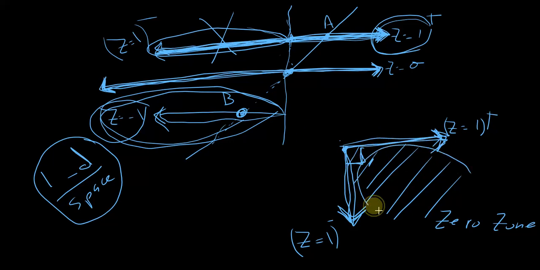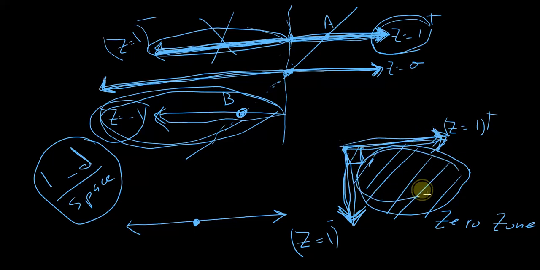Because this zone doesn't exist if the positive and negative portions construct a straight line. If they construct a straight line, then there's no zero zone here. But if they are perpendicular, I have a totally new space here. I can do whatever I like with that. This space, zero zone, is now available to me.